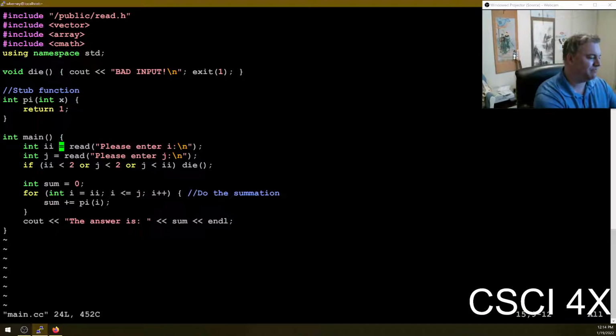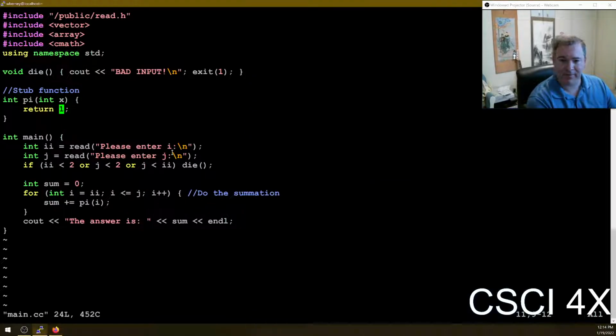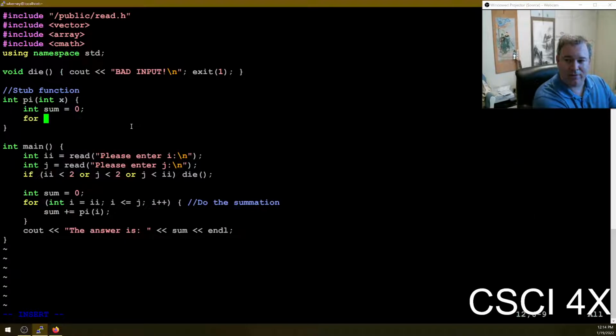Okay, so now let's drop down a level and go into the pi function. The pi function is going to count how many primes there are from 0 to x. There aren't any primes at 0 or 1, so this function is going to be sum equals 0, for int i equals 2, i is less than or equal to x, i plus plus.